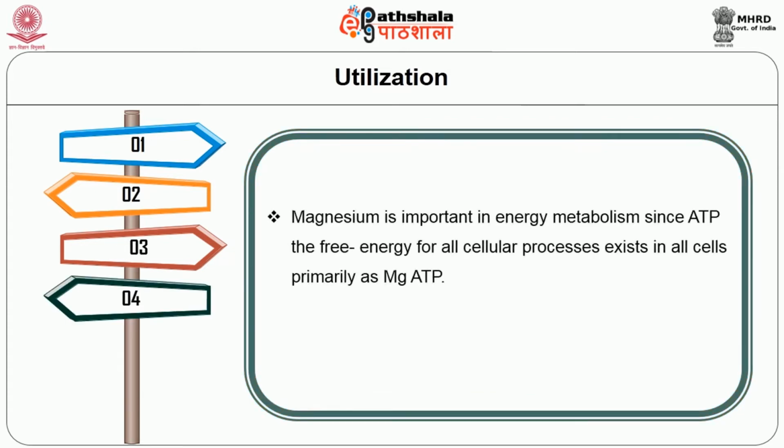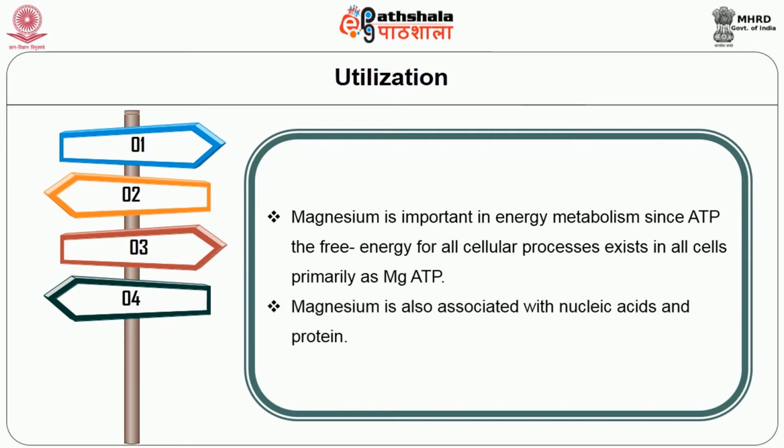Magnesium is important in energy metabolism since ATP, the free energy for all cellular processes, exists in all cells primarily as magnesium ATP. Magnesium is also associated with nucleic acids and protein.